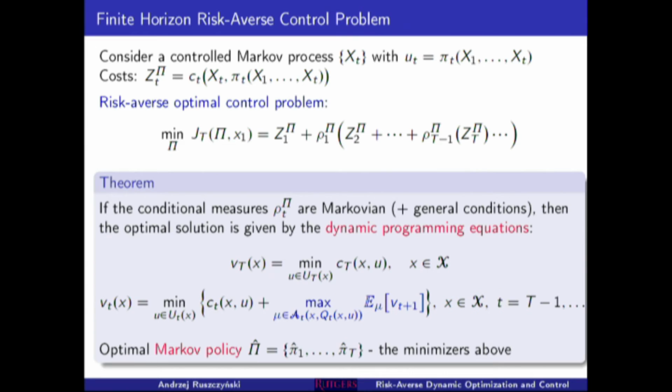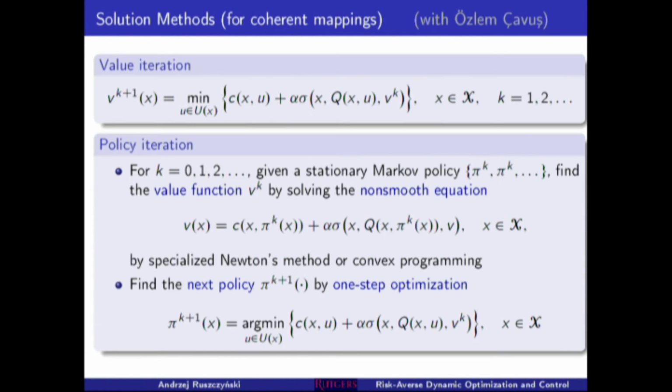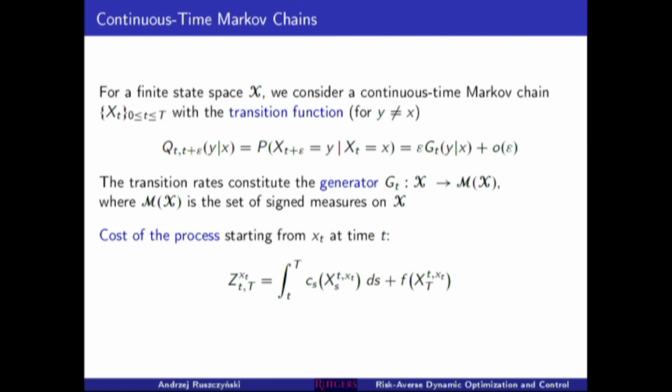In case of coherent risk measures, we have the maximum of expected values with respect to some set of probability measures. This connects to the expected value case, in which case we would have just this mu specified as Q, the probability distribution of the next state. So this can be developed further. Once we have these dynamic programming equations, we can have infinite horizon, we can have solution methods. I have no time to talk about this.